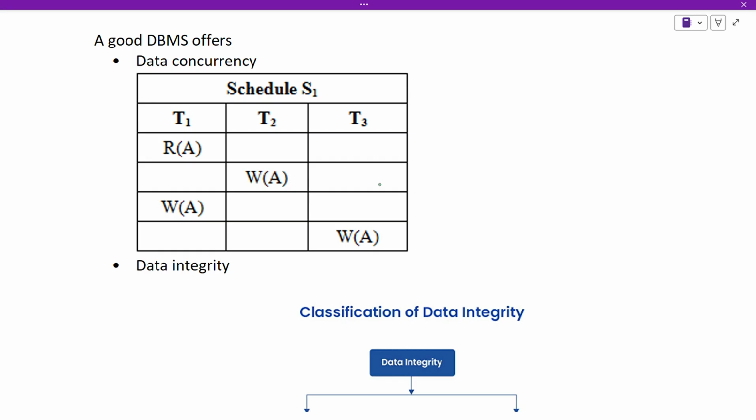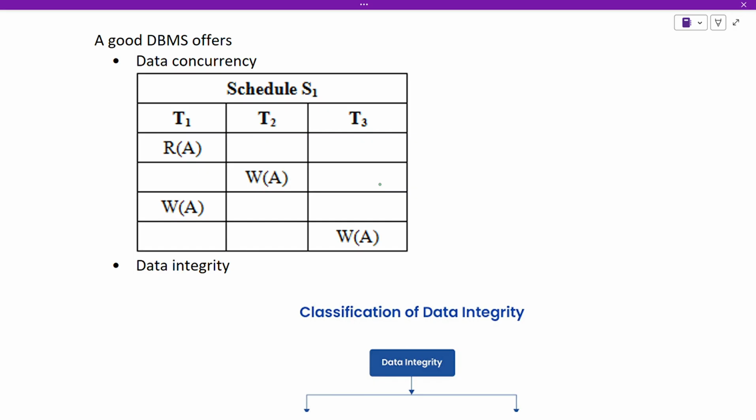Concurrency is nothing but the ability to run multiple tasks at a time, not sequentially, it could be in any order, but the ability of all of them to be present in the memory and to be processed in the memory at the same time, in a different way of scheduling. We call it concurrency, right? And we will discuss more about data concurrency in our transaction video. So as of now, just try to understand that.